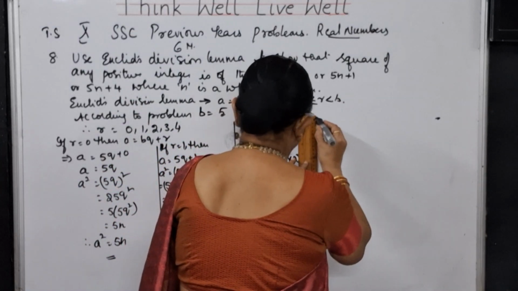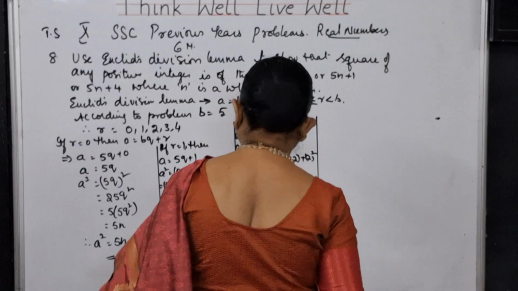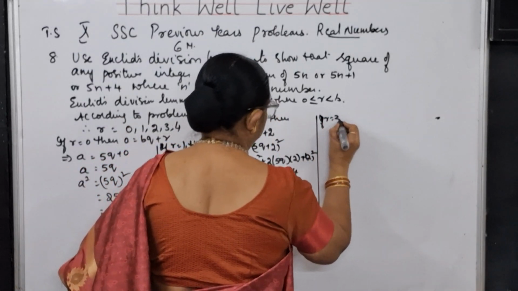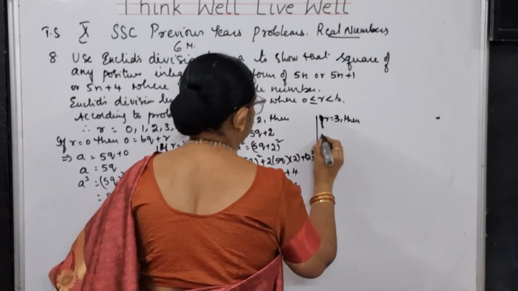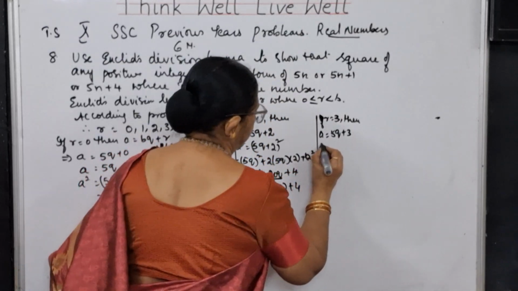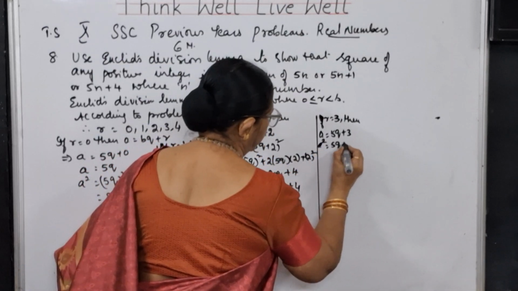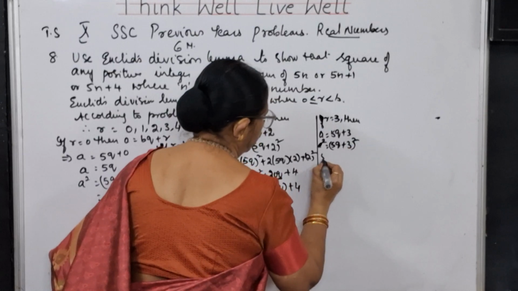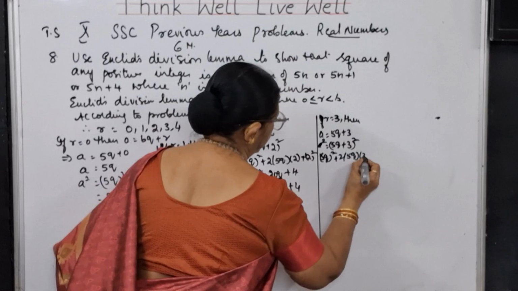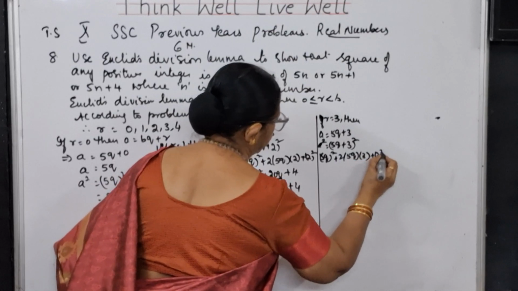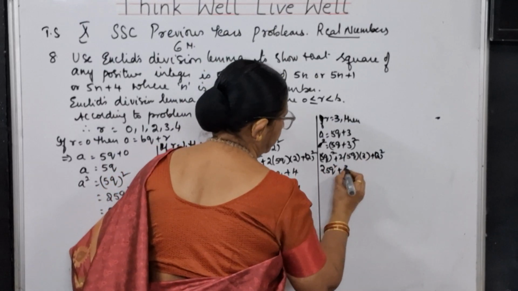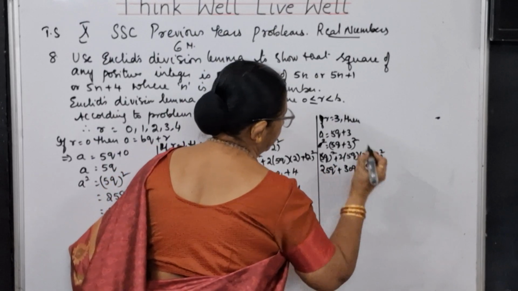Now, we will see if R is equal to 3. If R is equal to 3, then A is equal to 5Q plus 3. A square is equal to 5Q plus 3 whole square, that is A square plus 2 into A into B plus B square. That means 25Q square plus 5 10s are 30Q plus 9.